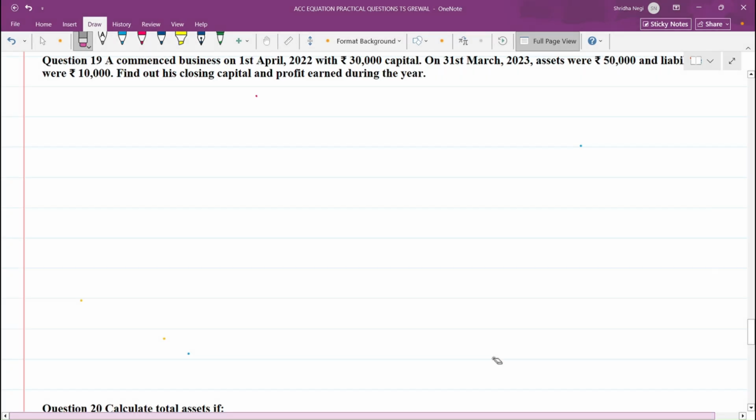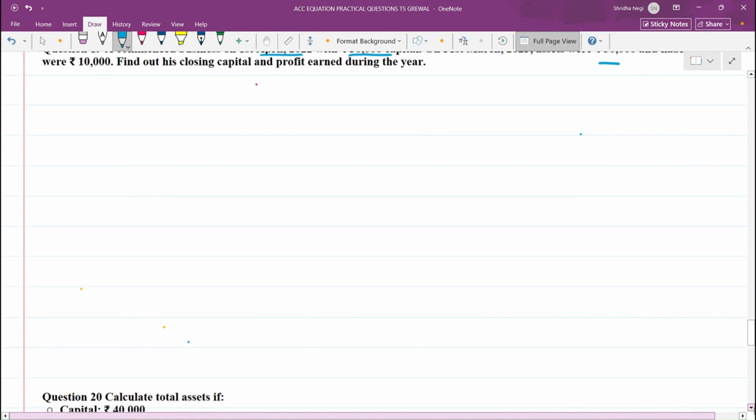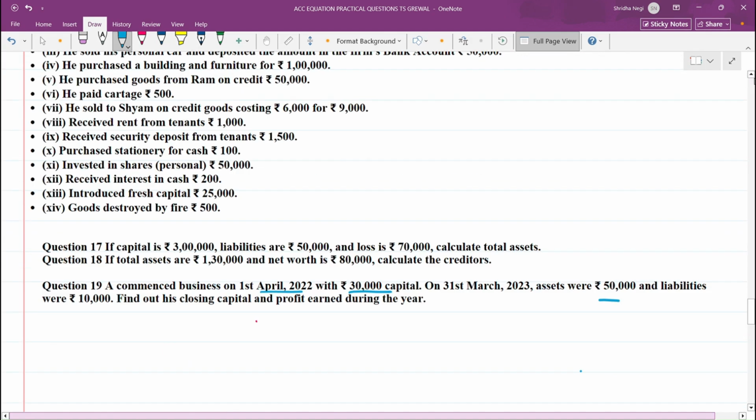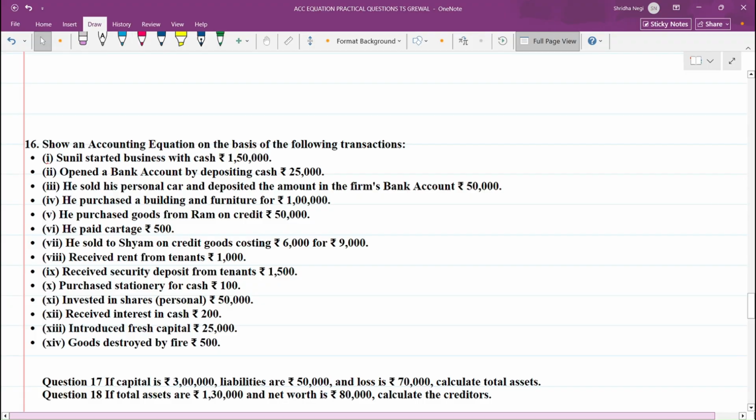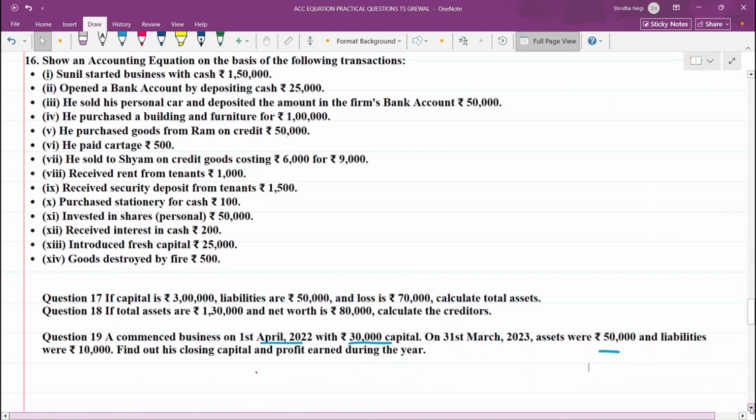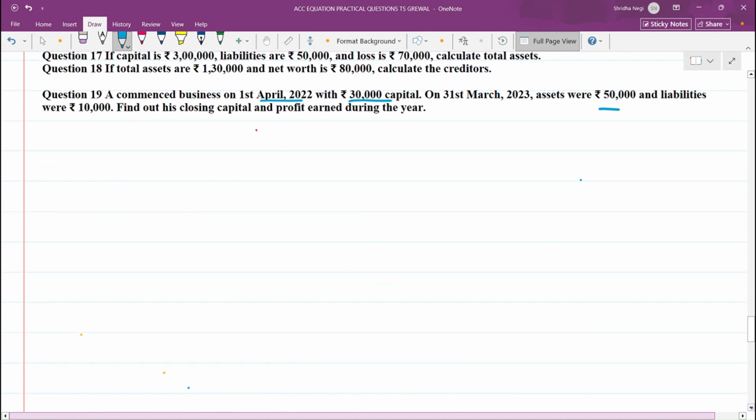Question number 19. A commenced business on 1st April with rupees 30,000 capital. As on 31st March 23, assets were 50,000 and liabilities were 10,000.